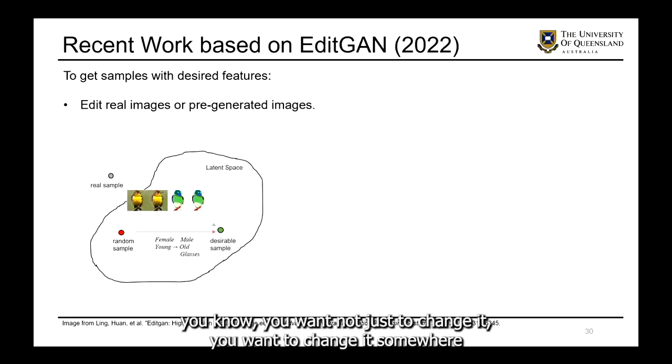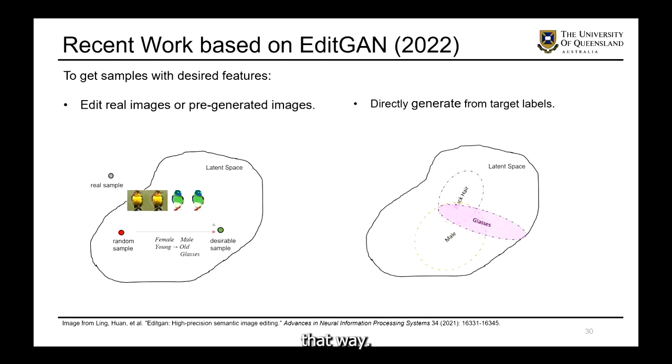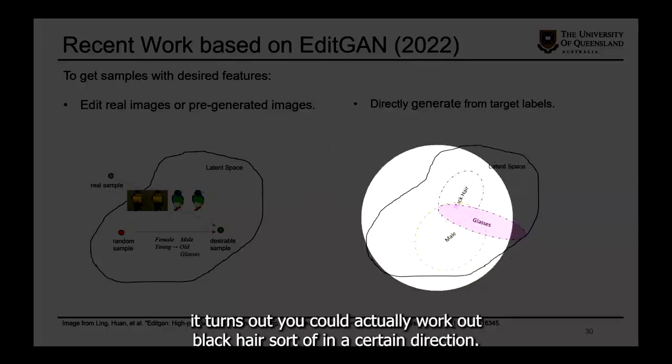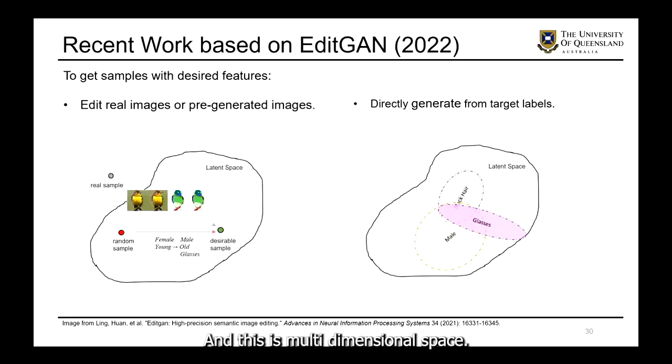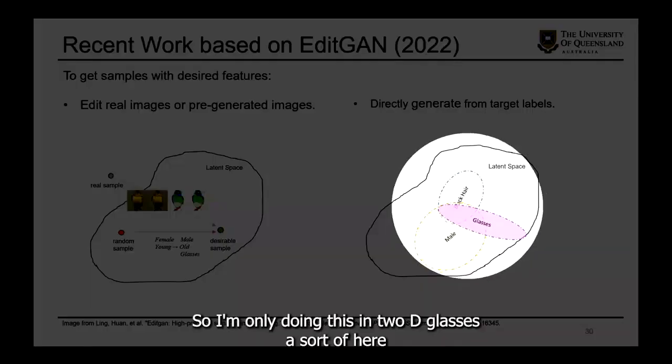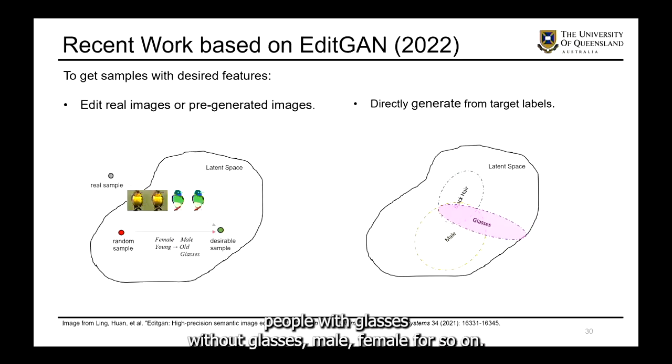Okay, so you want not just to change it, you want to change it somewhere that you can understand, and you could actually have a text command, make this male into a female or something like that, and control it that way. It turns out in this latent space you can work out that black hair is in a certain direction, and this is a multidimensional space, so you can't really visualize it, so I'm only doing this in 2D. Glasses are here, people with glasses, without glasses, male, female, for example, and so on.